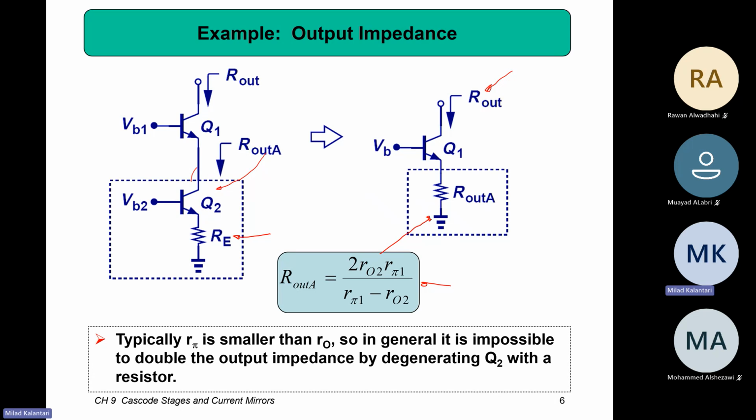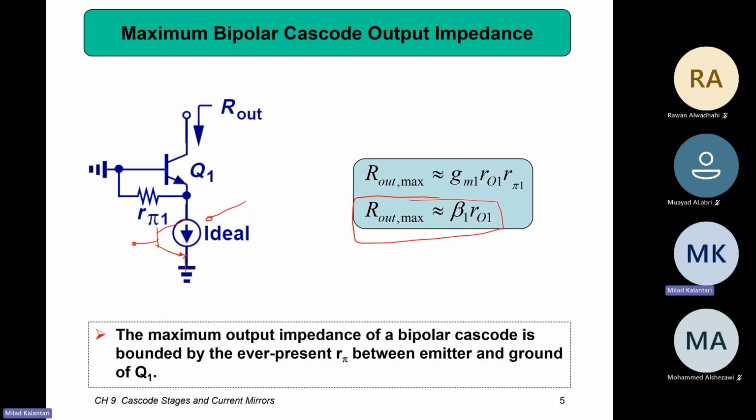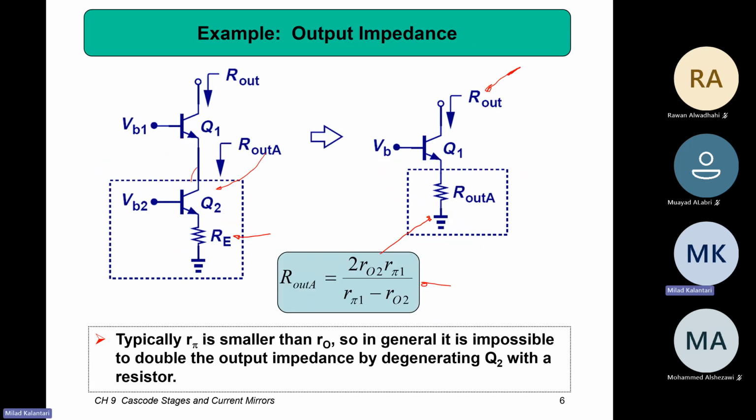Right, but this does not help that much in reaching a higher final R out if you keep continuing this. Because as shown here, you are trying to make a better current source at the bottom device, right? By adding this resistor, you are increasing the R out, so you make it a better current source.